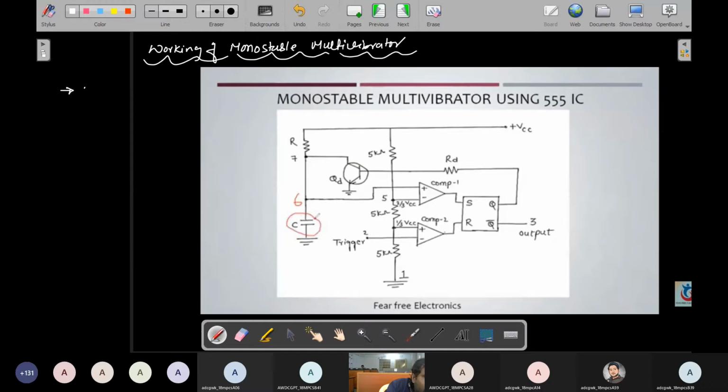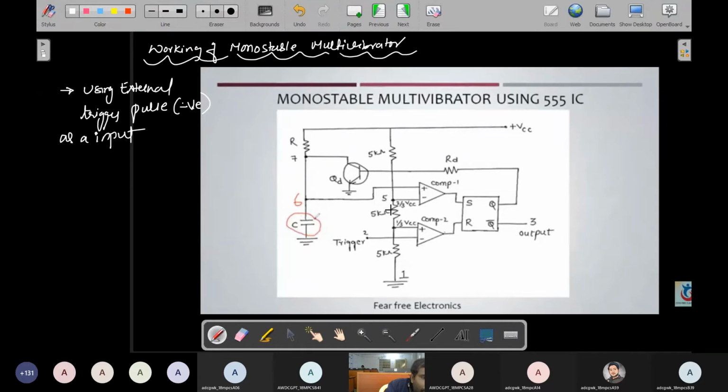So here I am using an external trigger pulse, which has to be negative, as the input. This is one important key point.